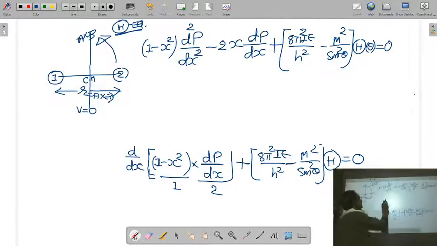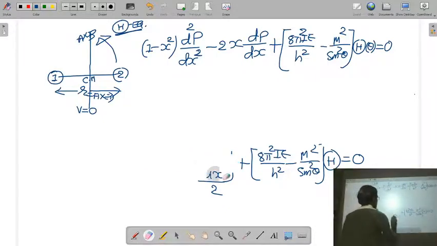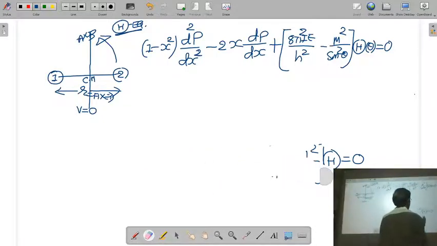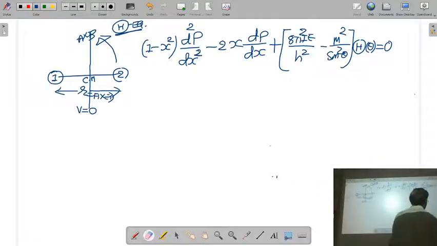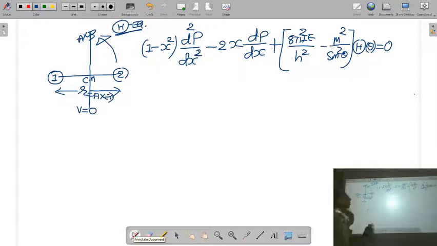Remember, this p is nothing but the solution of the theta equation in the form of a polynomial. Okay, so this is our simplified version of the theta equation of the rigid rotator.